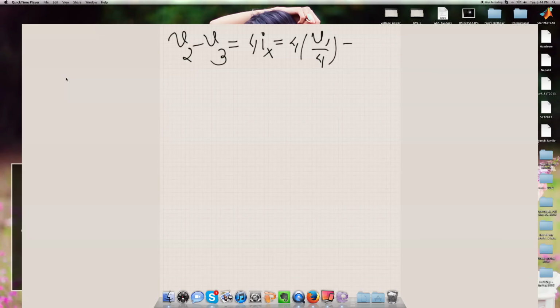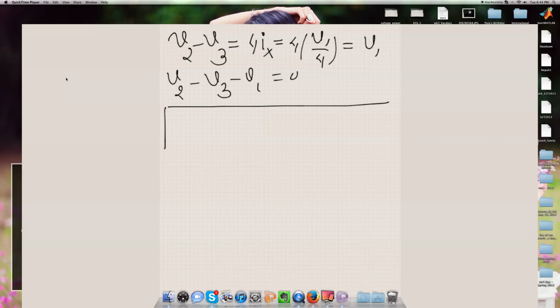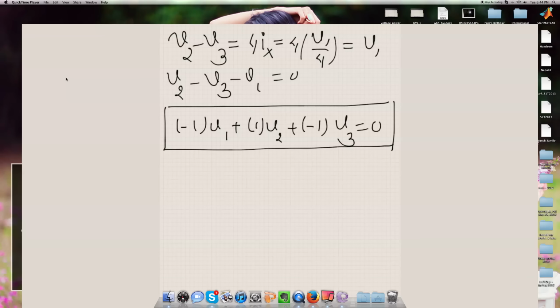The two 4's cancel out, leaving us V sub 1. So if we transfer V sub 1 to the left side, we're going to get V2 minus V3 minus V sub 1 equals 0. Now this is giving us the next box. Here we have minus 1 of V sub 1, and 1 of V sub 2, and minus 1 of V sub 3, giving us a total of 0. So the second box is ready to go to the matrix.